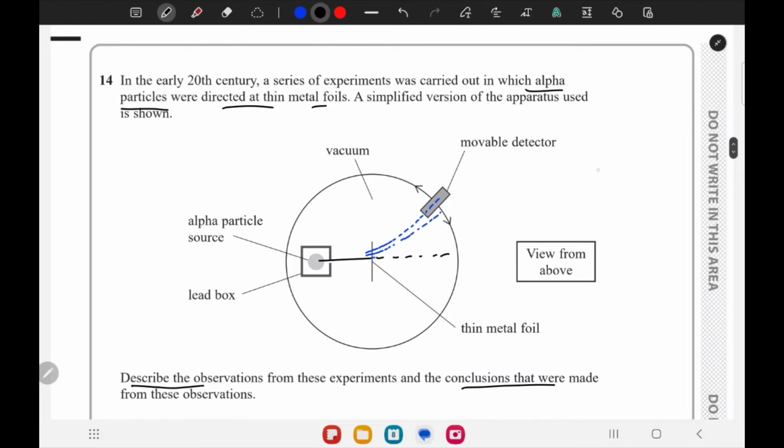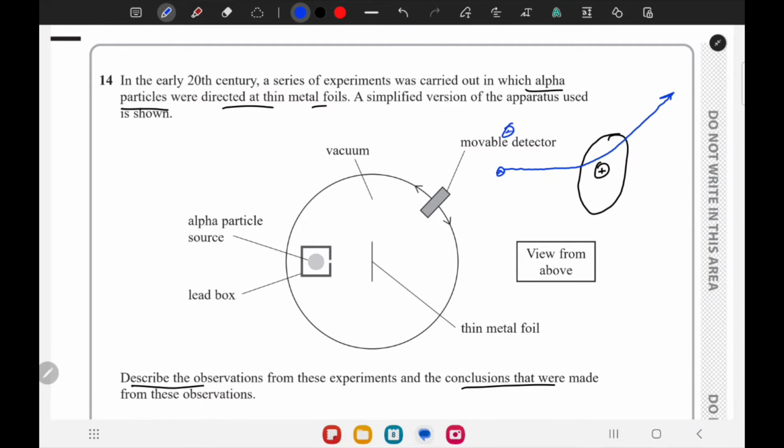If we see the deflection at a magnified level, these are the alpha particles being shot. It's going towards the nucleus. So if it's going near the nucleus, it would be deflected away from the nucleus and go like this.